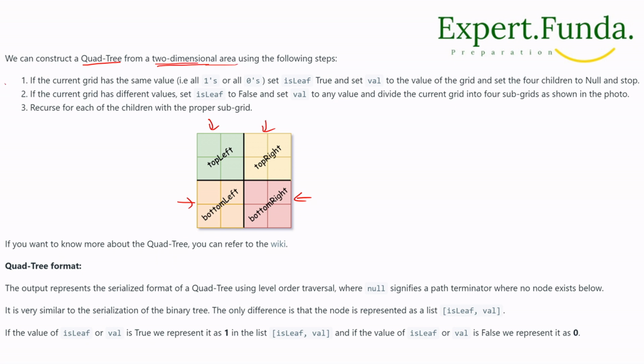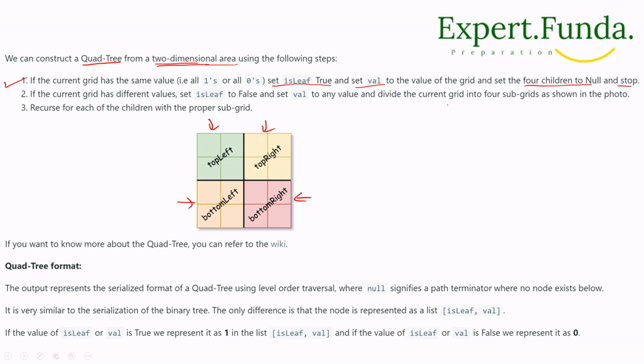The first step: if the current grid has the same value, either all ones or all zeros, we set isLeaf to true. This means this is a leaf node. We set val to the value of the grid and set the four children as null, and we stop there.